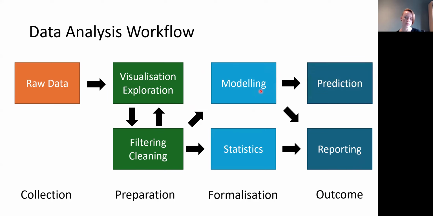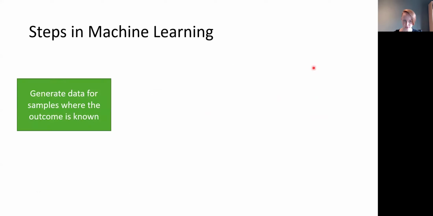Or we might also want to use it for prediction, so that we can predict new data where we don't necessarily know the outcome. Today, we're going to be looking at one where we are mostly reporting on our model itself, rather than looking in too much detail at the predictions and how good they are. So slightly different to previous ones.